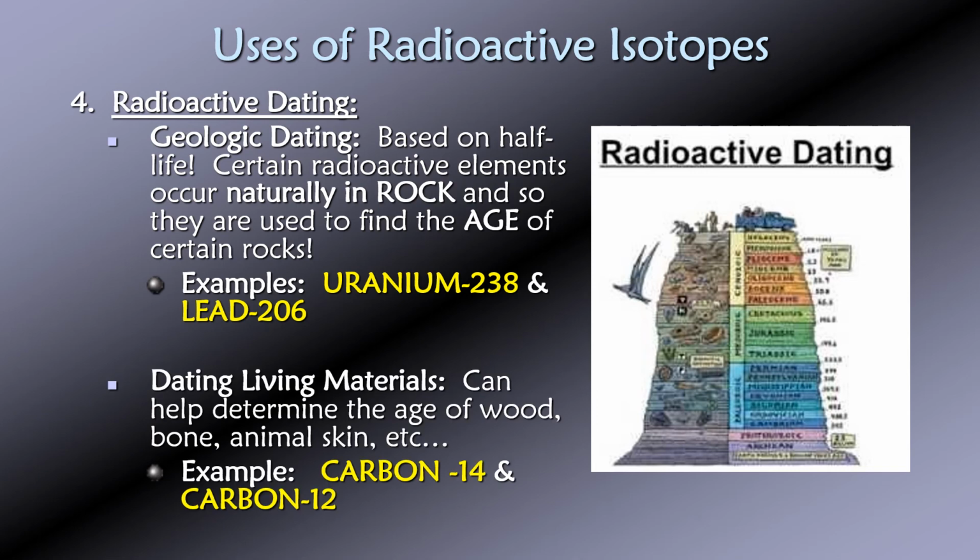Radioisotopes can also be used to determine the age of living materials, for example, wood, bones, animal skin, anything that's associated with life. The isotopes that we use for that are carbon-14 and carbon-12 most commonly.